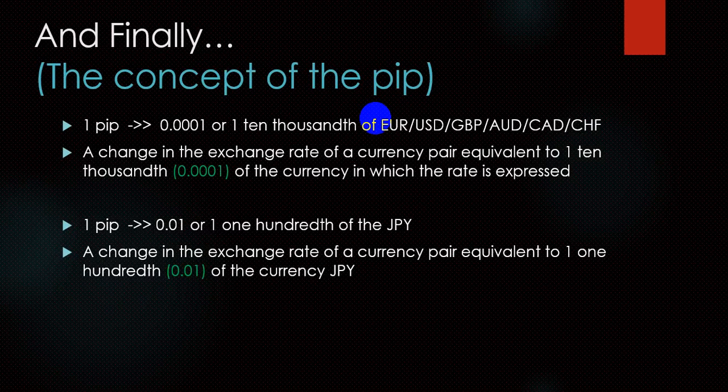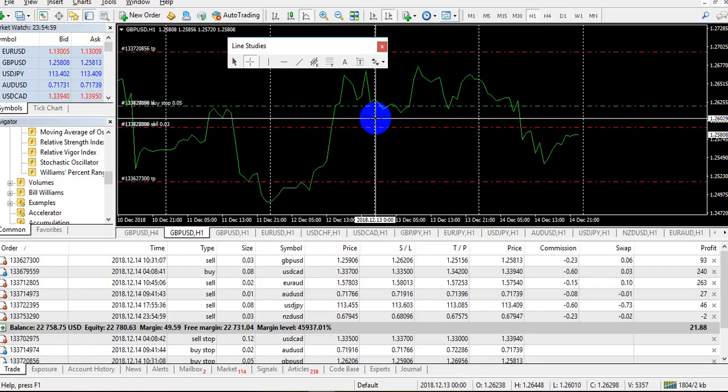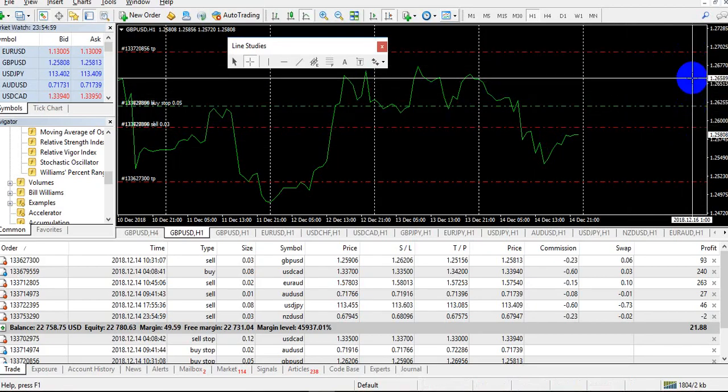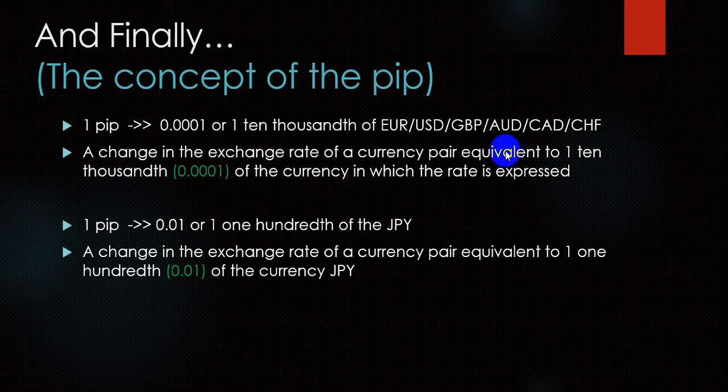So there's something you have to understand about this. It is true that 1 pip is equivalent to a change in the exchange rate, upward or downward, of any currency pair equivalent to 1/10,000th, which is 0.0001, of the currency in which the rate is expressed. It is very true.